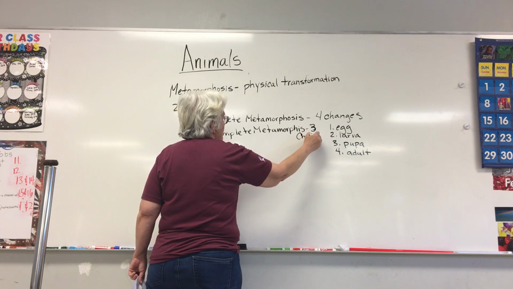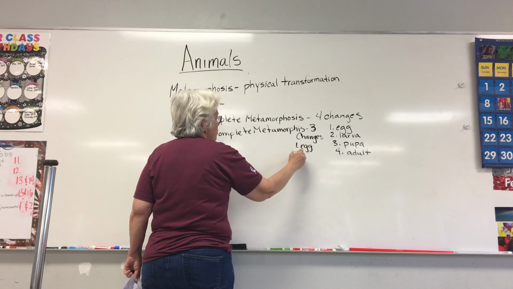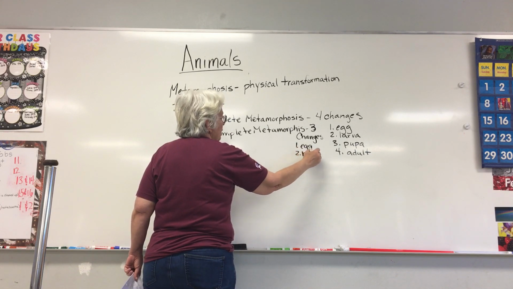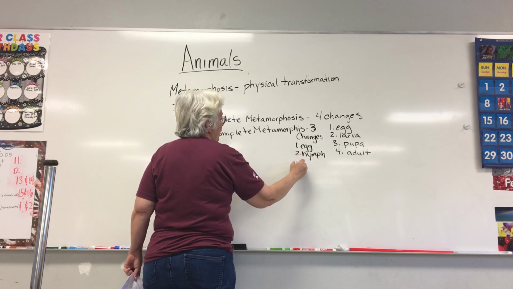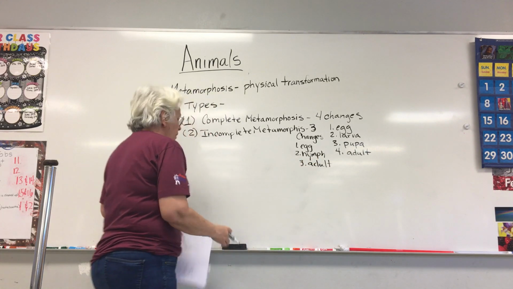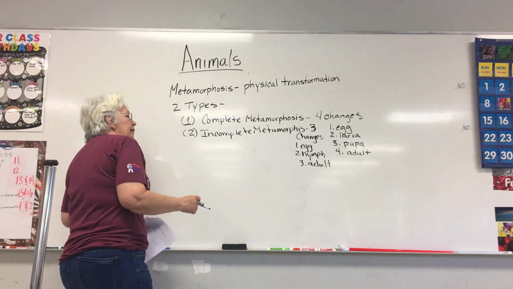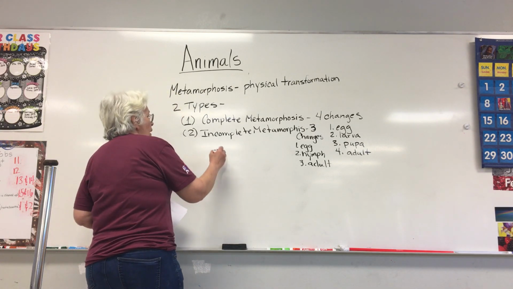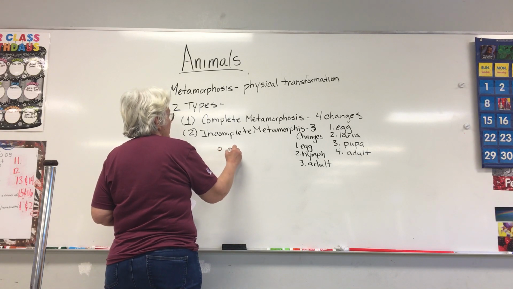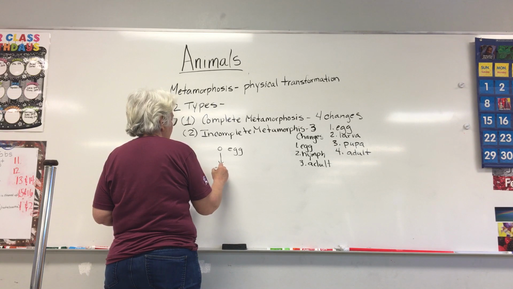And its changes are, it starts out as an egg, and then it changes to a nymph, and then finally a adult. So if we were to look at something, say, a dragonfly. So a dragonfly starts out as an egg, and then he changes into a nymph.